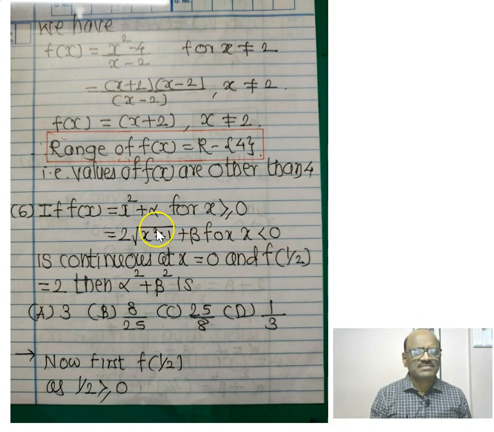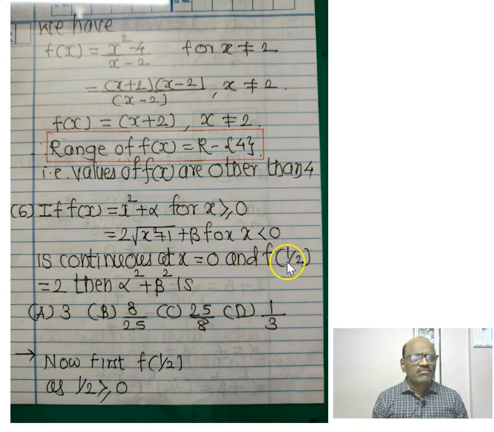Now see this: x is greater than 0 and x is less than 0. Therefore, this is the right limit and this is the left limit. Also, we will find the value of the function at x equals 0. We are given that the function is continuous at x equals 0, so the left limit, right limit and the value at 0 must be equal.